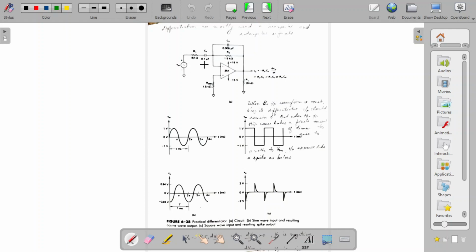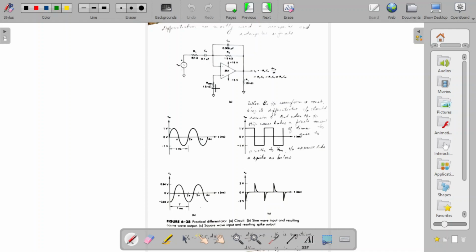So in order to eliminate these difficulties, we can additionally have two components in the circuit: a resistance R1 along with the capacitor C1, and a capacitor CF across the resistance RF. With these two elements, you can make this differentiator a more practically usable circuit.